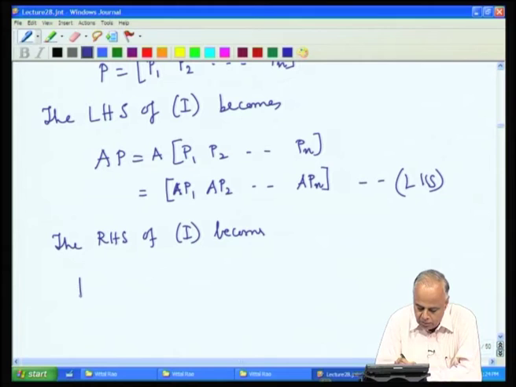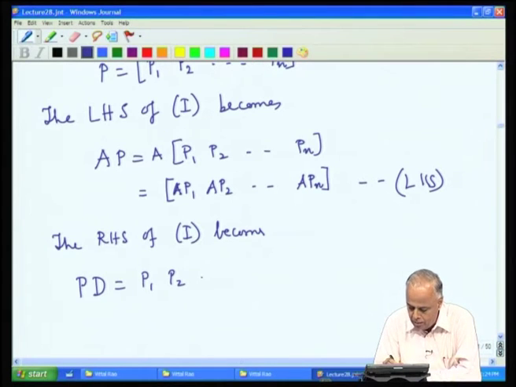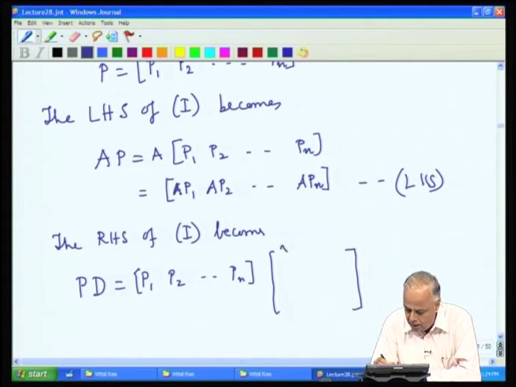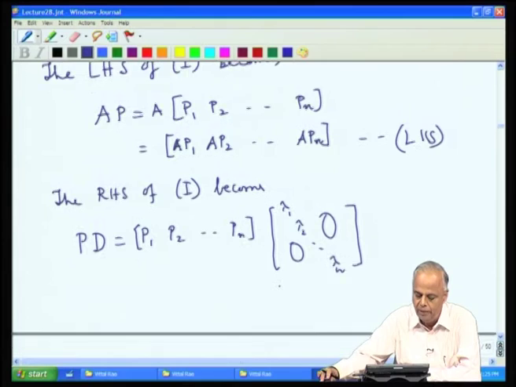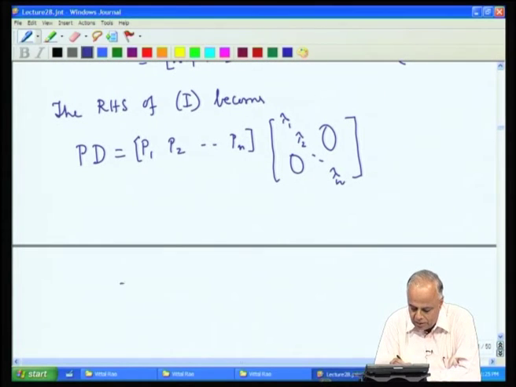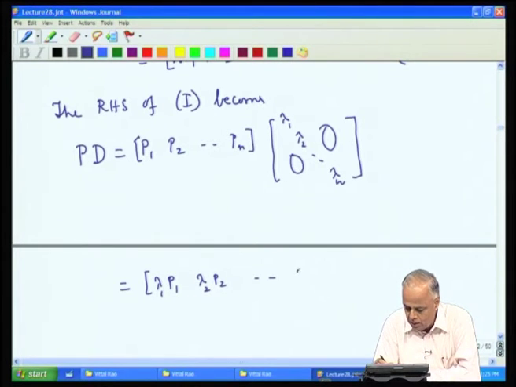The RHS is P D. Now, P is again written in column notation, and let the diagonal matrix D be lambda 1, lambda 2, up to lambda n on the diagonal, with zeros elsewhere. When I multiply this in block notation, this becomes lambda 1 P 1, lambda 2 P 2 and so on up to lambda n P n.